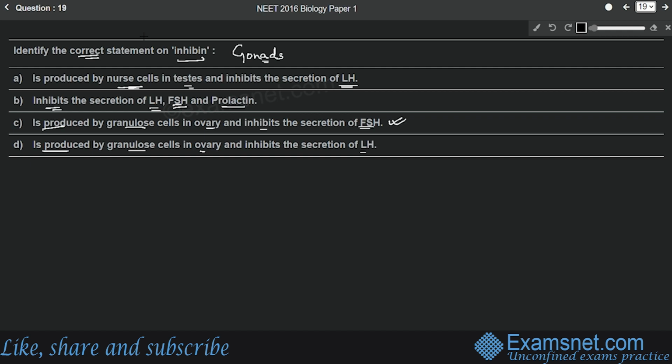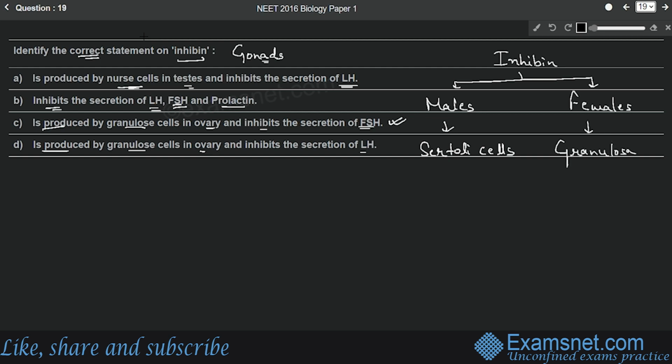See, we know that this hormone, that is inhibin, is secreted by the gonads in both males as well as females. In males, it is produced by the Sertoli cells in the testis, and in females, it is produced by the granulosa cells of the ovary. Okay.